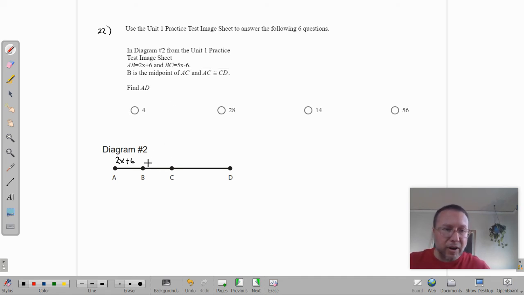BC is equal to 5x minus 6. And then it says B is the midpoint of AC. Midpoint means the halfway point, so these two things are equal to each other.